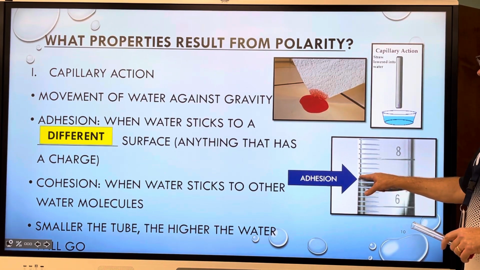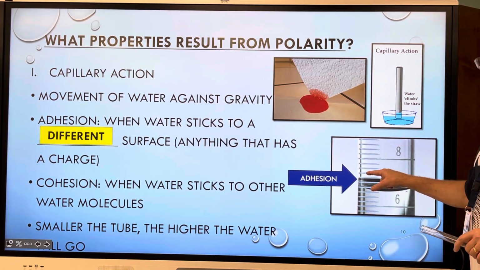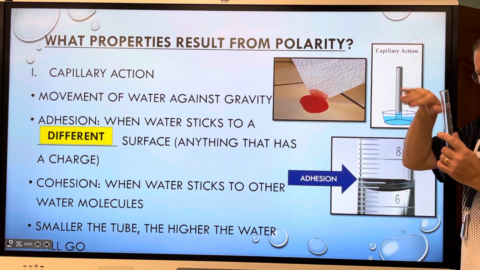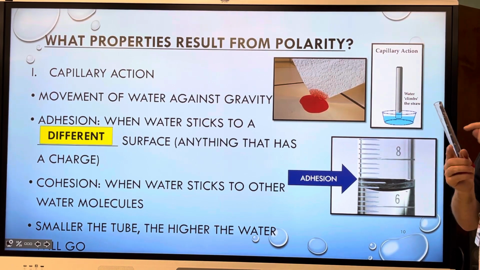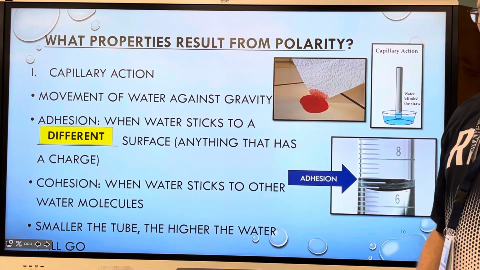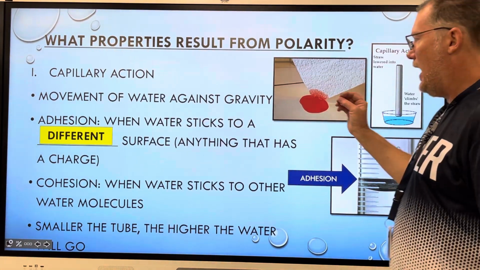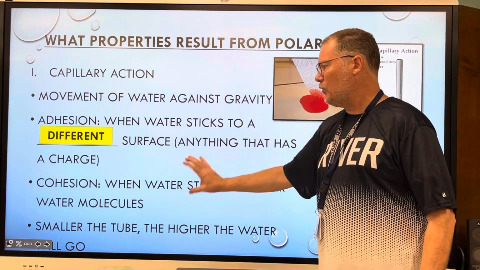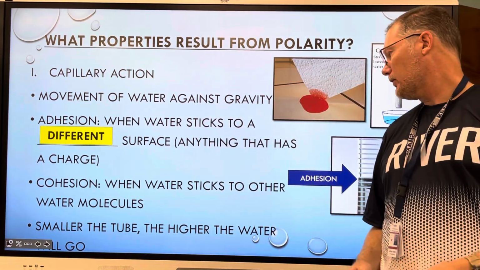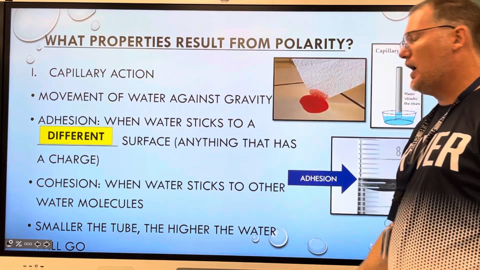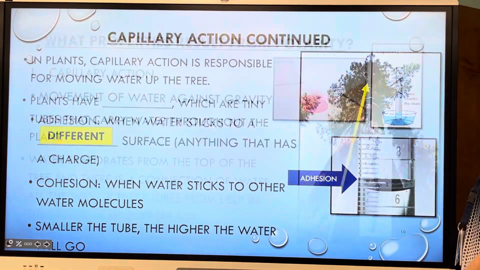Anyway, that's because water sticks to the sides and makes a curved pattern. And the rule is to always read the bottom of the meniscus when you're reading a graduated cylinder, okay? So remember, adhesion is sticking to different things, cohesion is sticking together. And the smaller the tube, the higher the water will go.